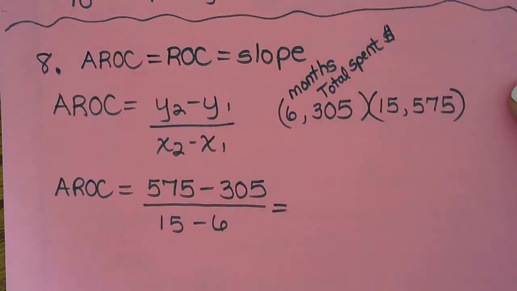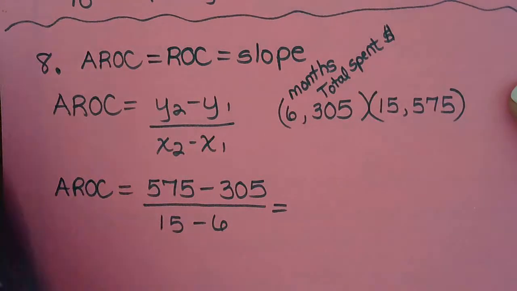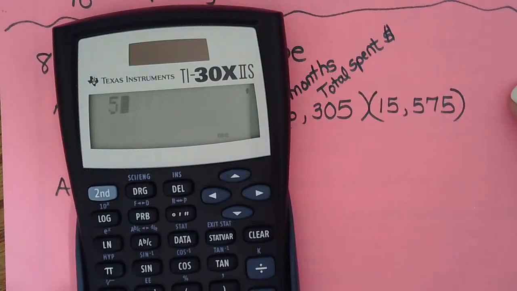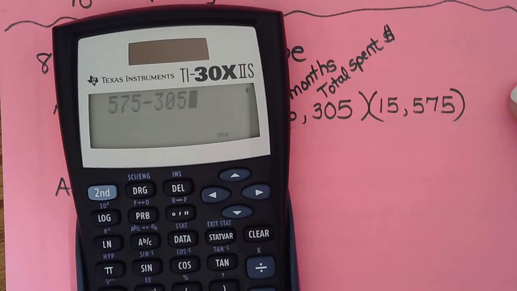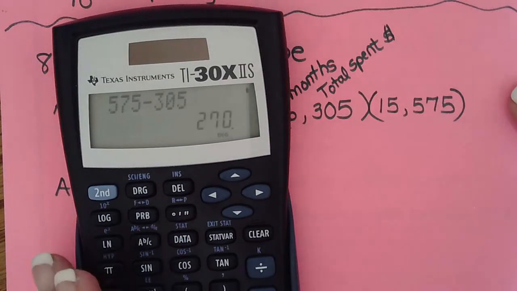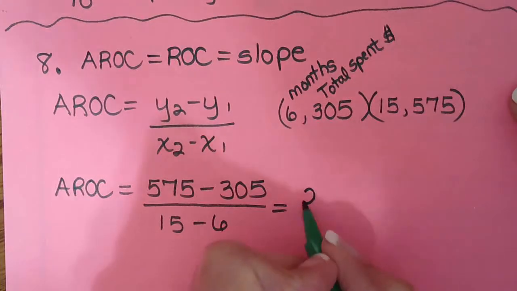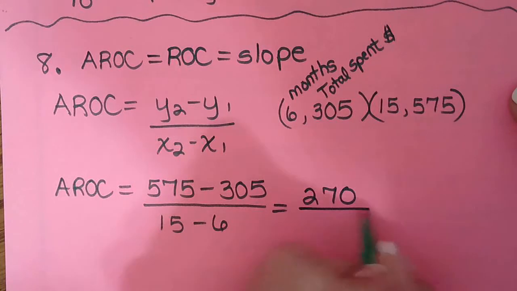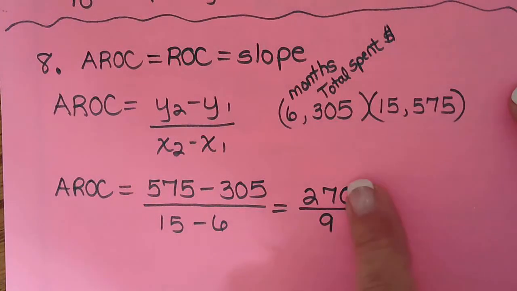So 575 minus 305 is 270 over 9, and 27 divided by 9 is 3, so add a 0.